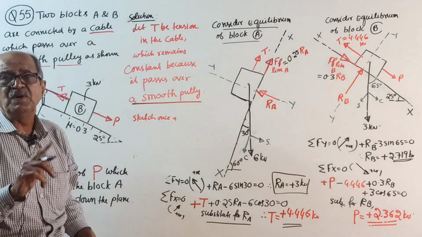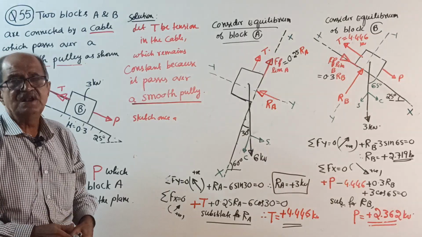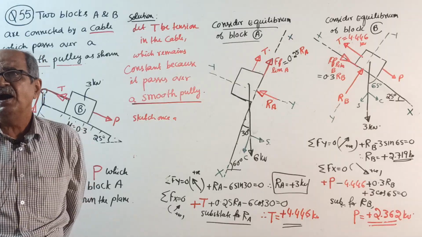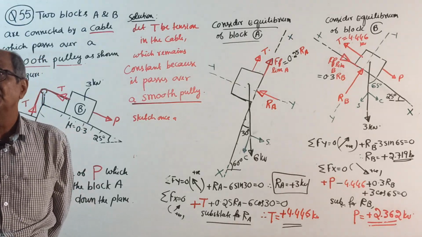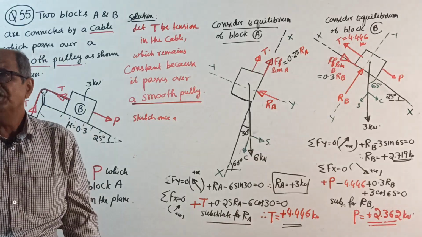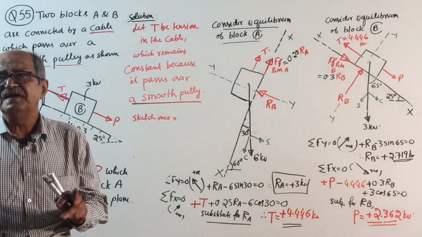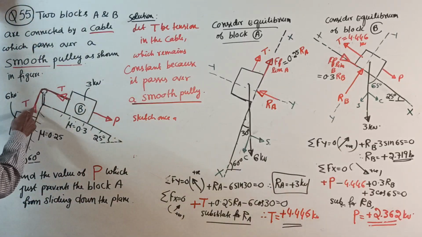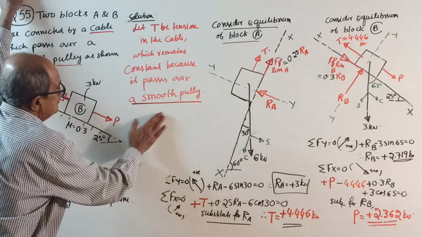Now I will not explain once again. So in any question on the friction chapter in future, if they give that the cable passes over a smooth pulley or frictionless pulley or smooth hinge or frictionless hinge, then tension in the cable remains constant. Means if you write T here, the same T is here; you show this T here. Okay. Then first make this much.